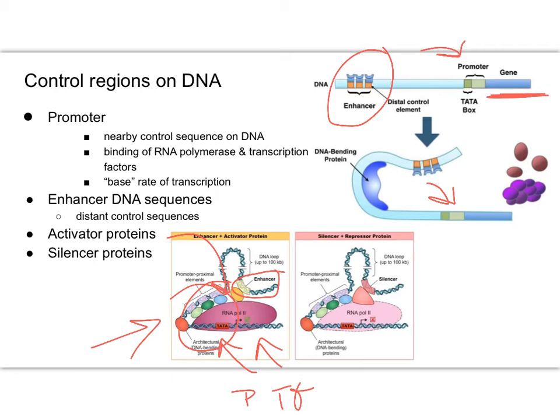So a silencer protein is going to bind to the enhancer and it's going to stop transcription. So this silencer, the pink one in the middle there, is preventing transcription from occurring. So their name will kind of tell you what they're going to do. But again, these are going to impact those enhancer sequences, and they're either going to activate transcription or they're going to silence and stop it.